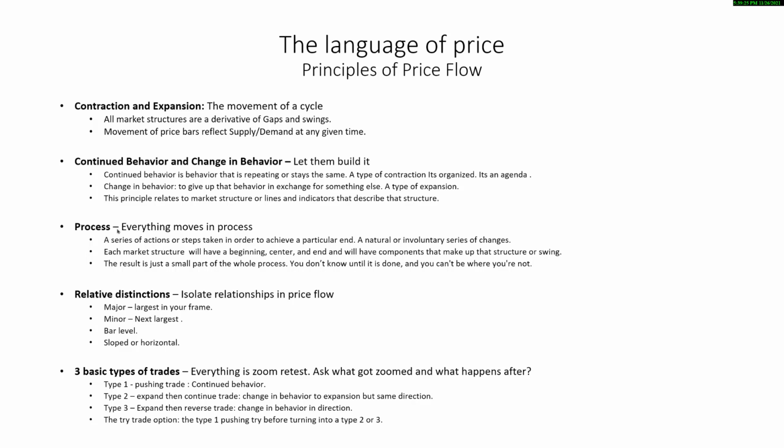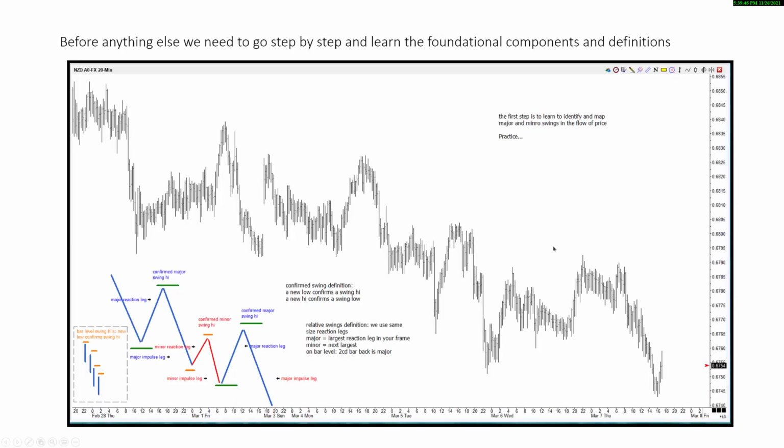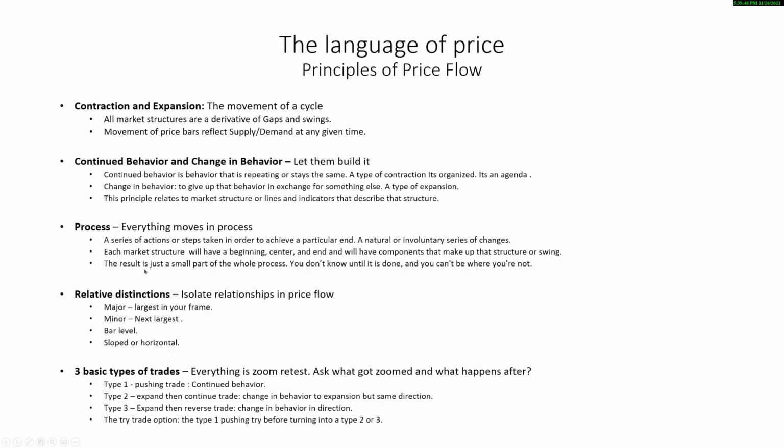Next, process. Everything moves in process, period, the end. It's a series of actions or steps taken in order to achieve a particular end. That's the definition. Each market structure, each swing will have a beginning, a middle, and an end. If you see a mountain or a swing, you don't know the result until it's over.